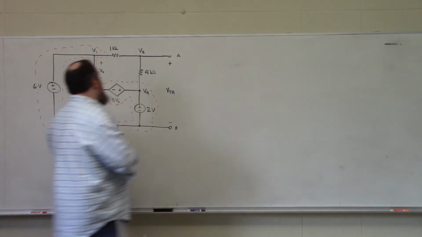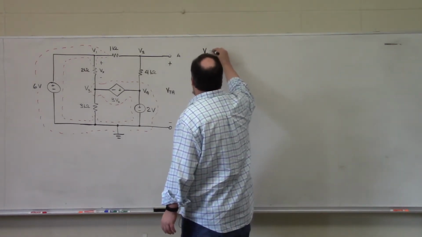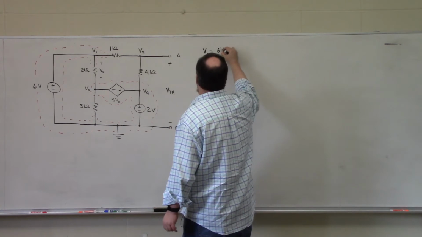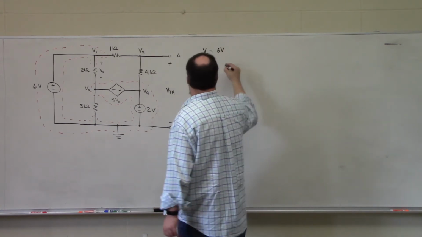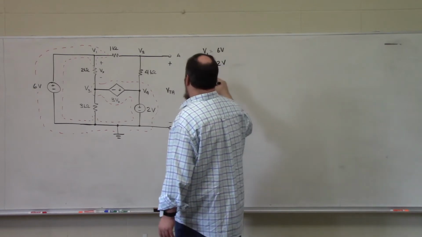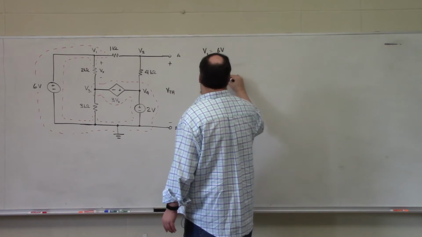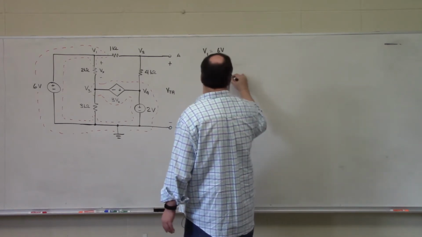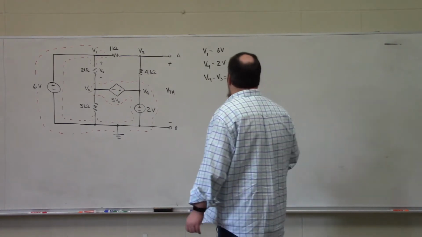And we could write those down pretty quickly. We can see by inspection that V1 is just 6 volts, V4 is 2 volts, and V4 minus V3 is equal to 3Vx.